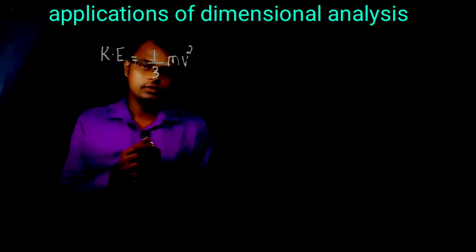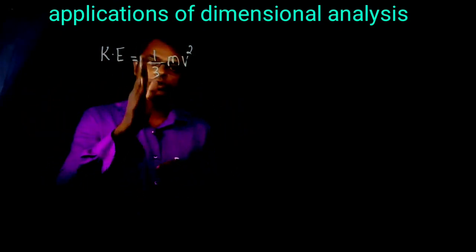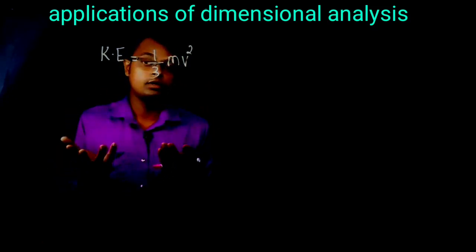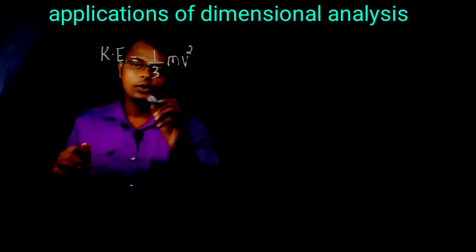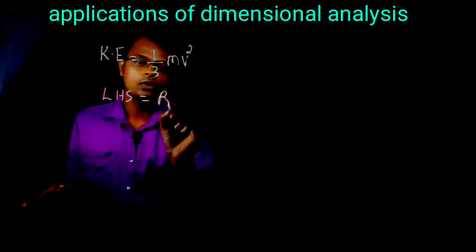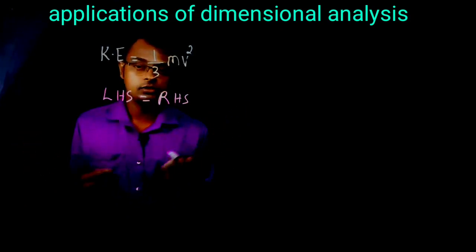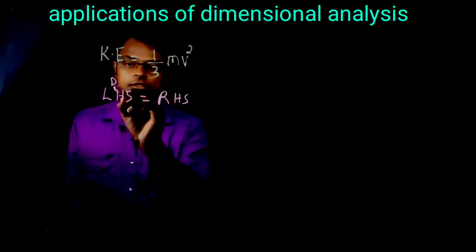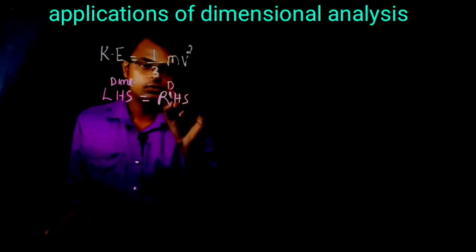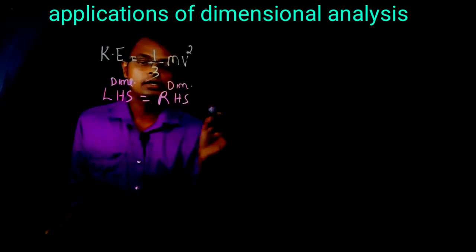The given equation is energy equals 1 by 3 mv square. Now we are going to apply dimensional analysis. What do we have to prove here? LHS is equal to RHS, which means the dimensions on LHS equal the dimensions of RHS.